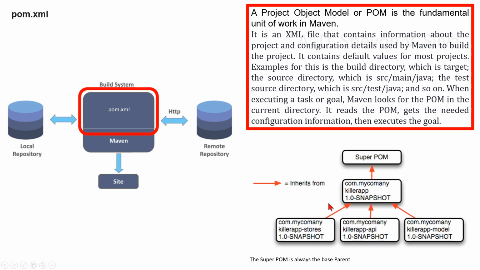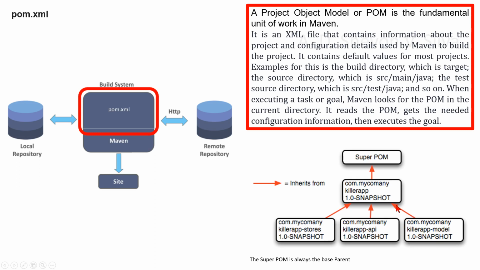Here you can see inherit from. So com.company.killerapp-stores 1.0-snapshot is inherit from here, and com.mycompany-killer-app-api 1.0-snapshot and com.mycompany-killer-app-model 1.0-snapshot are inherit from these three.